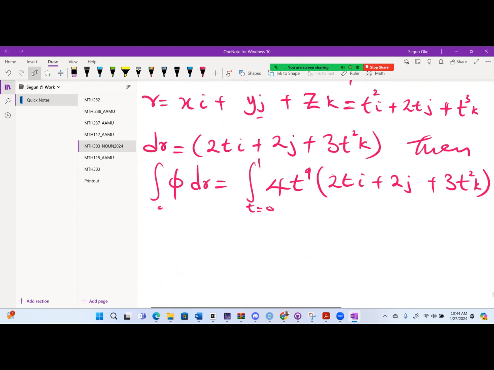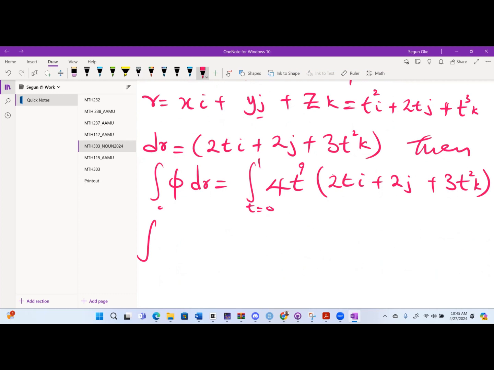So I can go ahead and multiply them. Multiply each of them by 4t to the 9. So if I multiply them, what do I have?